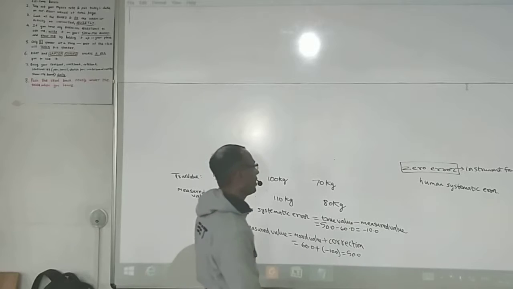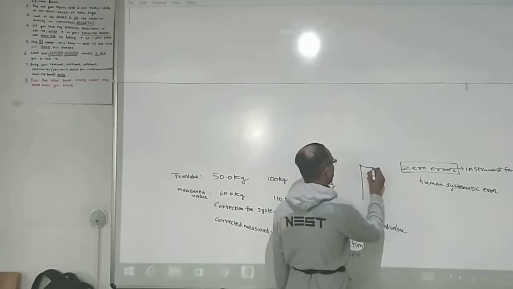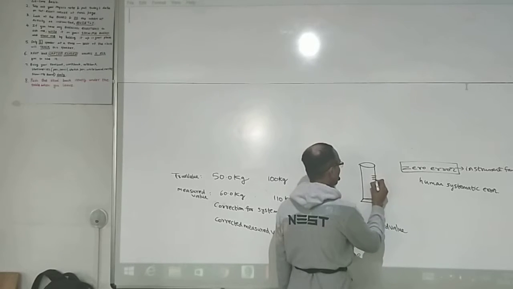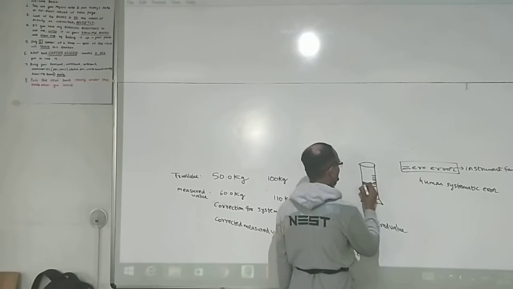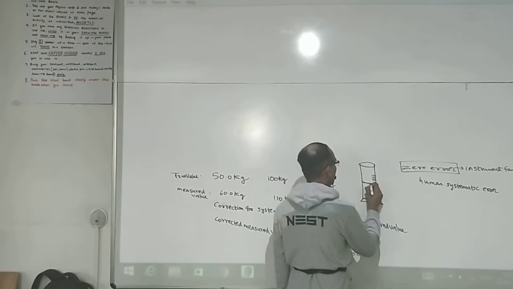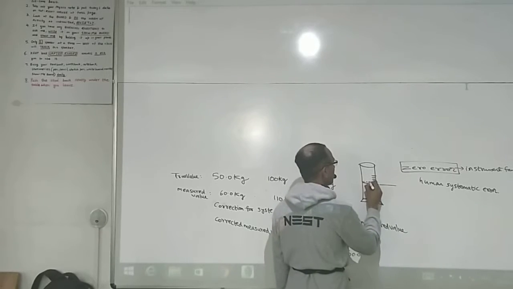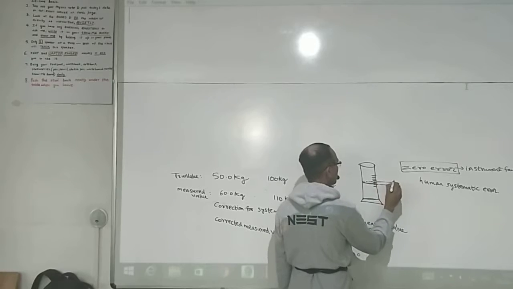So for example, you have this measuring cylinder. It has these divisions, and this is the water. In water, you are supposed to take the lower meniscus reading, which means this reading. But suppose you did not realize that and you took this reading.